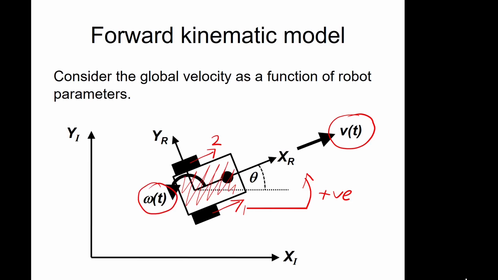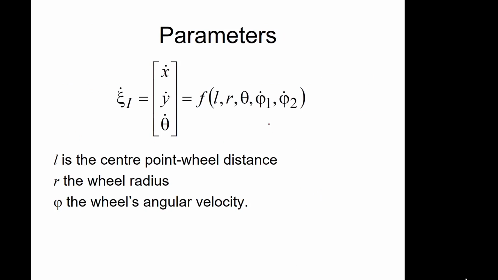So the factors that affect those velocities are the wheel speeds. So we've got a wheel speed, Phi1 and Phi2. Depending on how fast those wheels spin, it's going to affect how fast the robot moves. Also, the radius of the wheels, so the larger the wheels for a given angular velocity, the faster it's going to go.